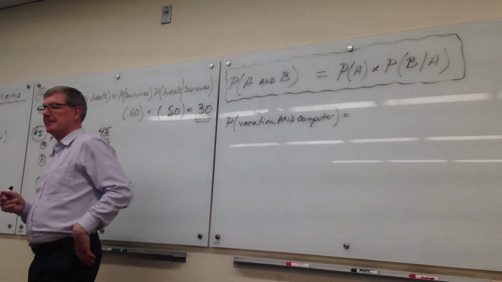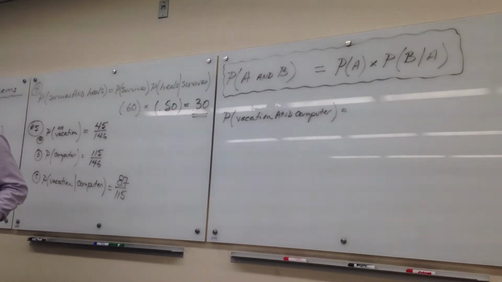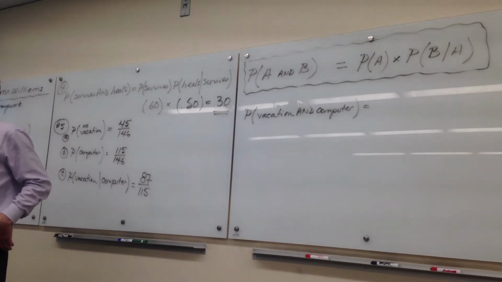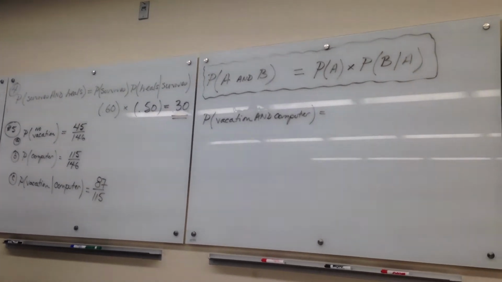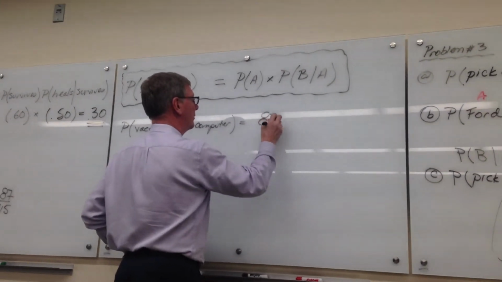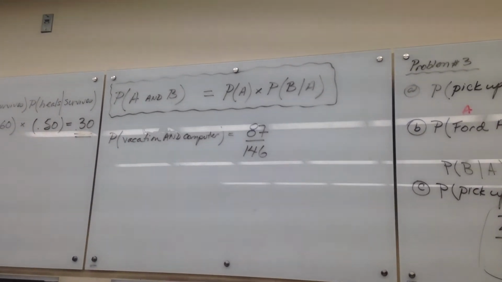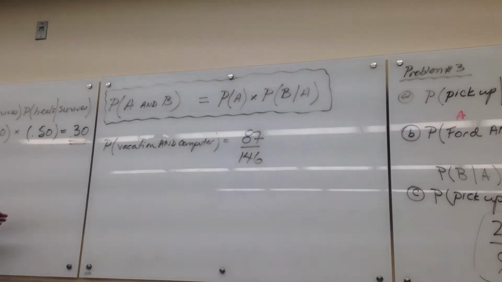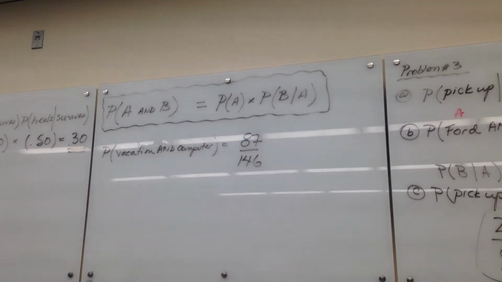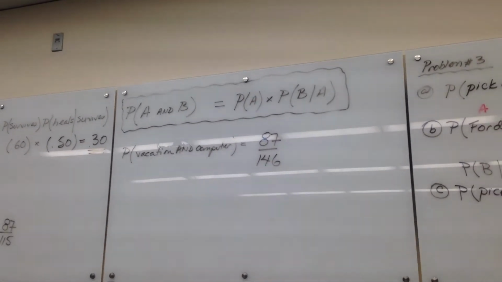How many of them are there that meet both of those criteria? 87 out of 146. Out of 146, there's 87 people that meet both criteria, right? They are going on a vacation and they own a computer.